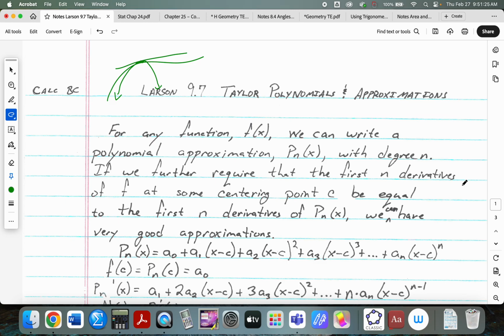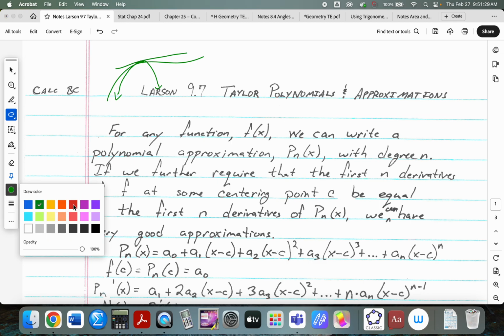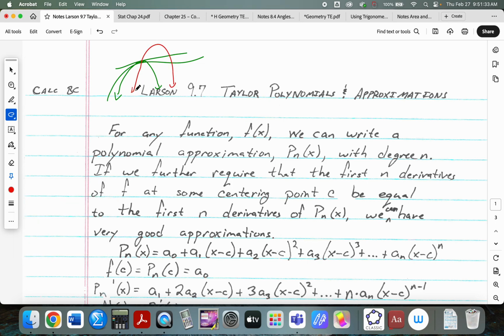So if I go back up to this, if I have my quadratic looks like this, we're like, well, that's a really crappy approximation, right? It's okay right here, but as soon as you get any distance away from the point, it's no longer any good.